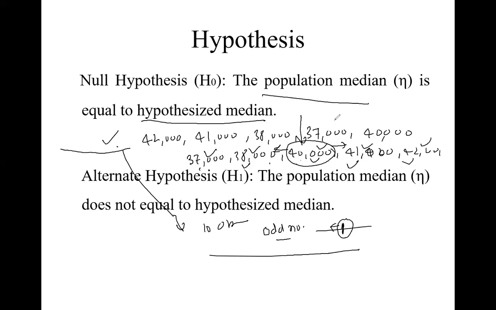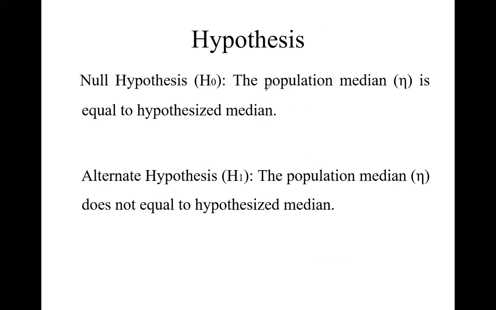So here we compare the population median with the hypothesized median. In this question, the population median, the symbol they are using is eta, is given as 40,000 kilometers.